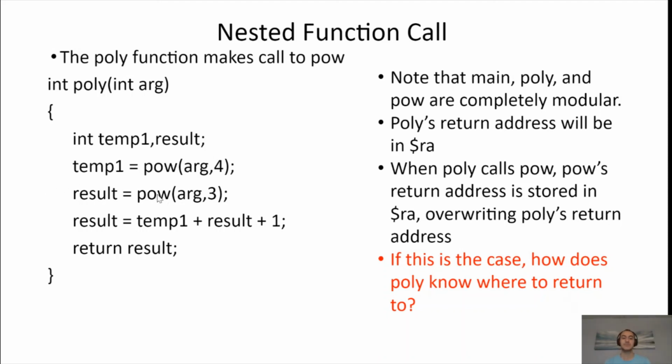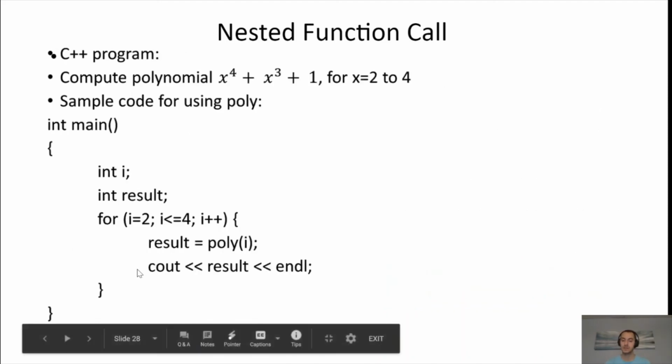So again, we run POW, and then we come back to this line, and then we get to return here. Now the return address is actually set to here, because POW updated that return address. In this case, we lost the original return address, and there is no way that we can go back to this location anymore.